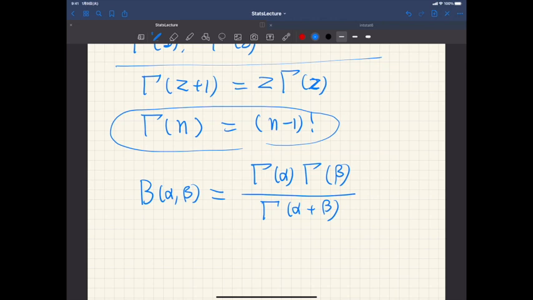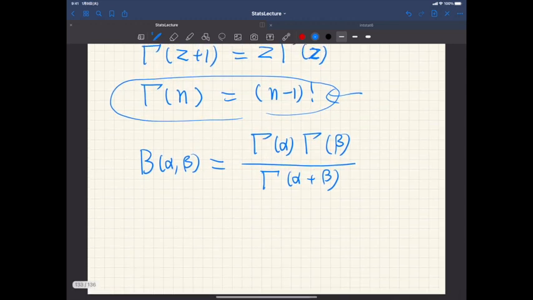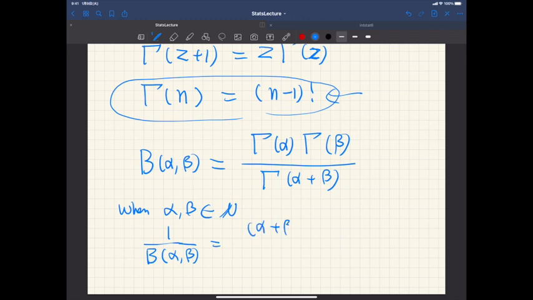And also, because of this relationship, when α and β are natural numbers, then we have 1 over the beta function B(α, β) is equal to (α+β-1) factorial over (α-1) factorial and (β-1) factorial.